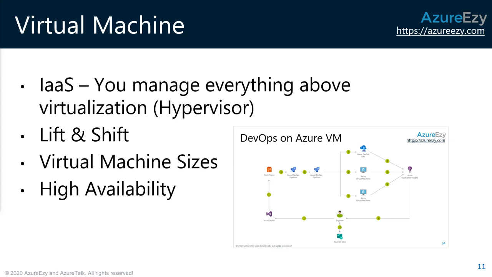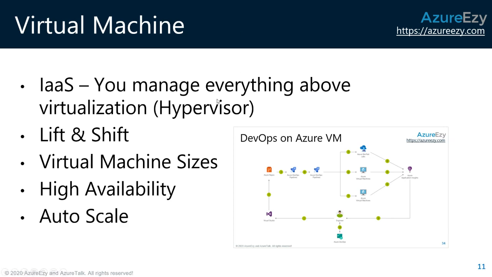Yes, right. So here we are talking about high availability with respect to the virtual machine. If one machine fails, with the availability zone or availability set, we have a high availability option so that we can make our VM highly available. If one machine goes down, we have the workload running on different machines. That could be in the same data center and in different data centers as well, right?